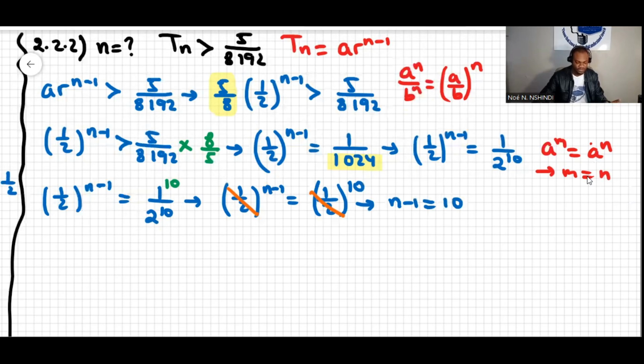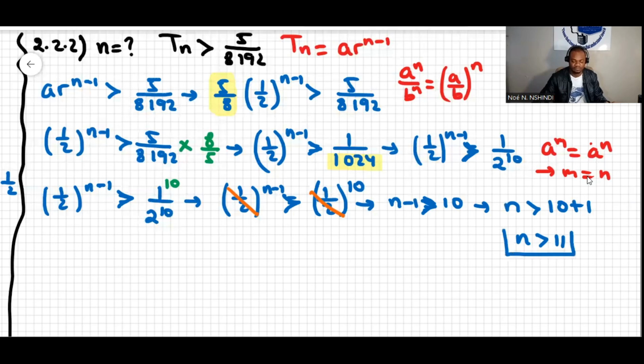Be careful here, it wasn't equal, it was greater than. So n minus 1 is greater than 10. Now, to find n, I move the negative 1 over and it becomes positive 1, and then n will be greater than 11. Okay, all right, that's question 2.2. Thank you.